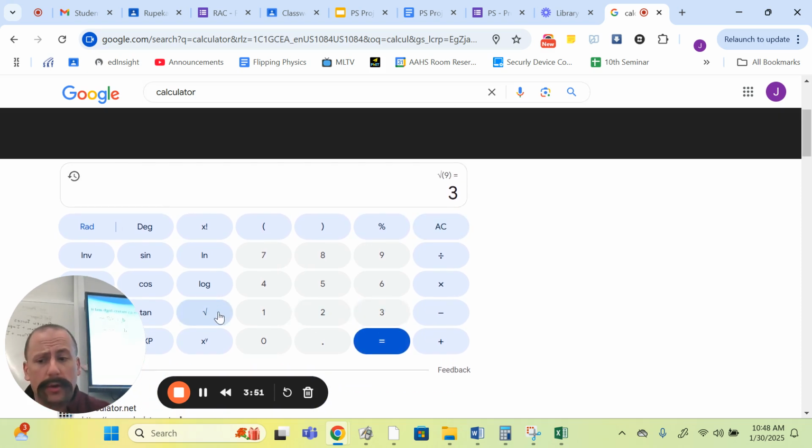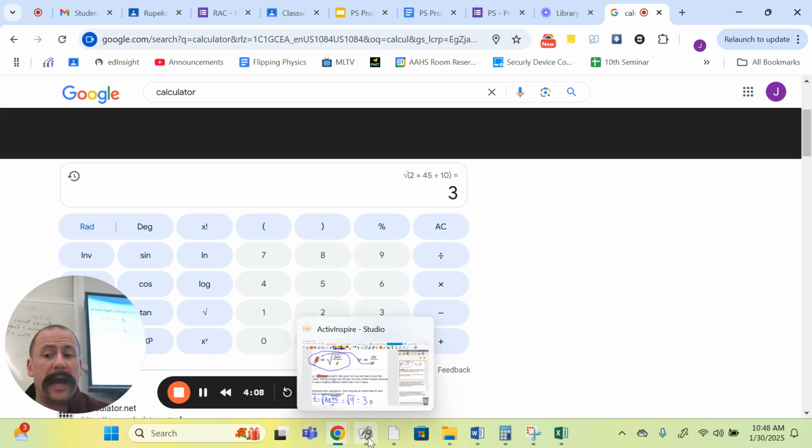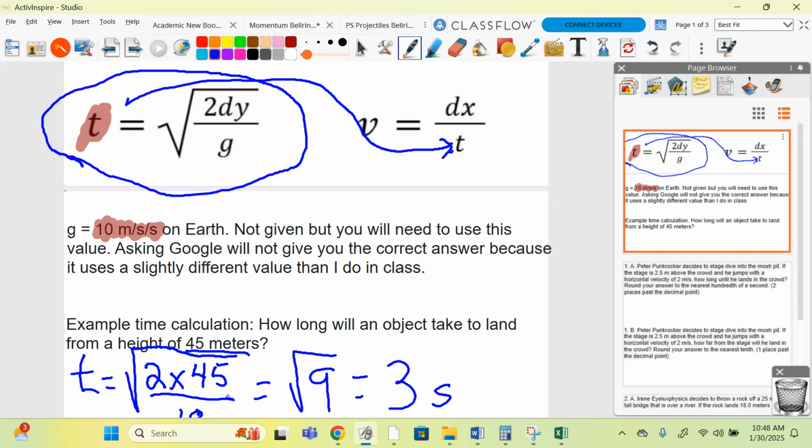It looks like with Google's calculator, if I press the square root button, 2 times 45 divided by 10, close the parenthesis, equals, you get the same answer. So please be careful with however you're putting that in. But if something is 45 meters above the ground, it takes a total of 3 seconds for it to land.